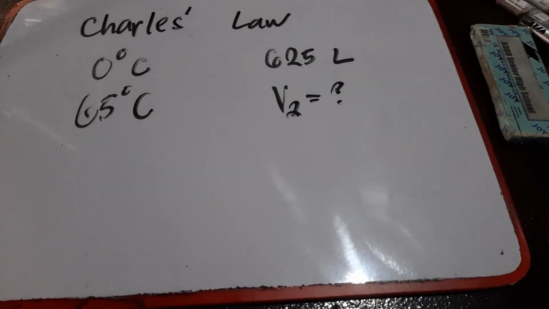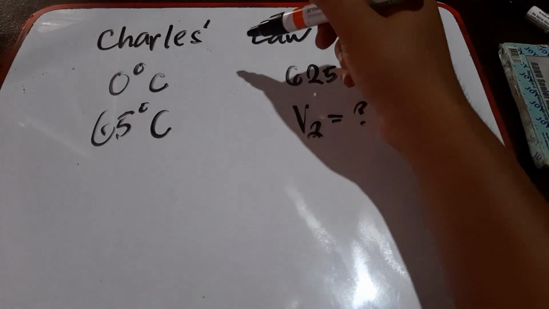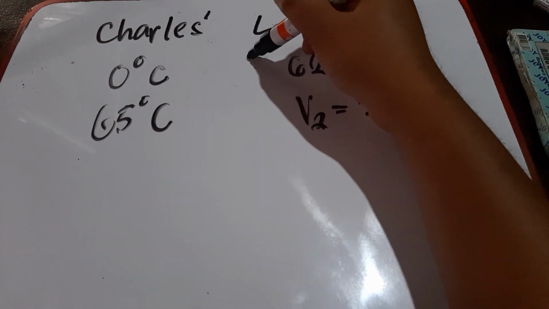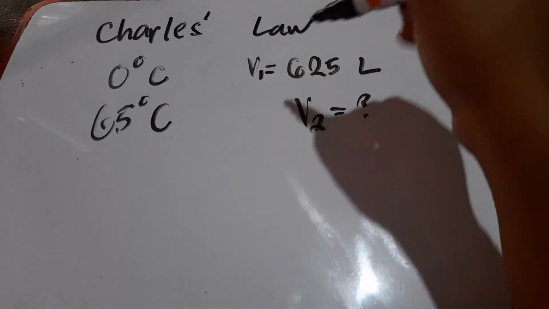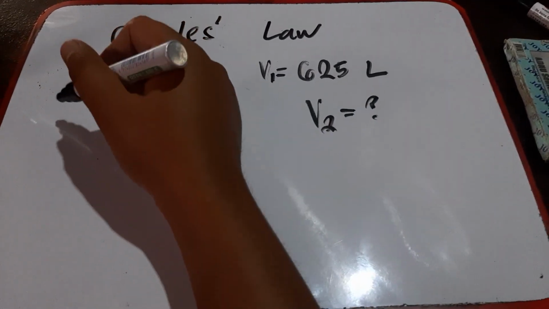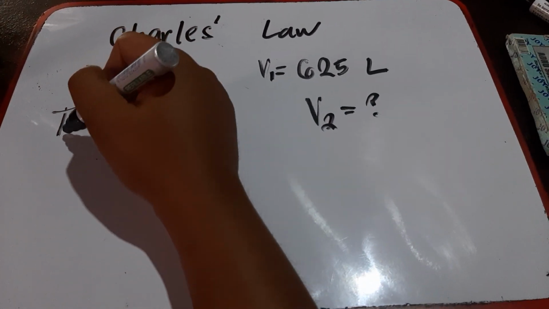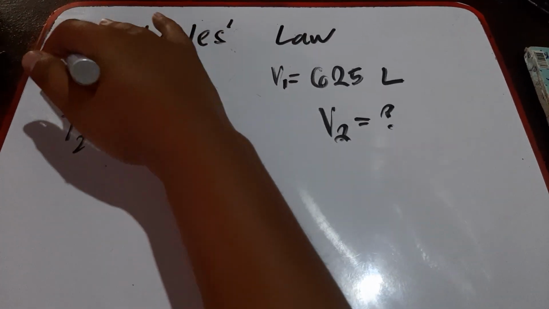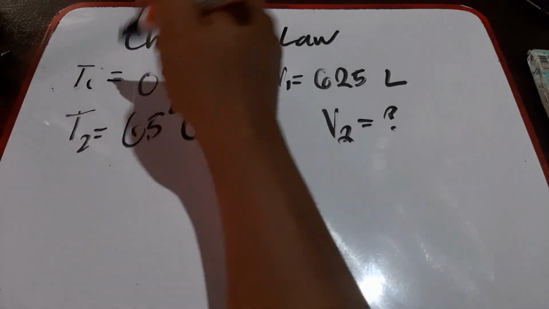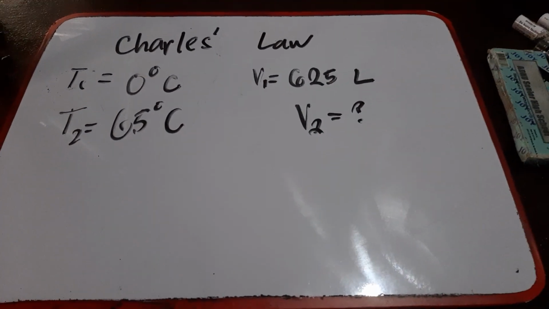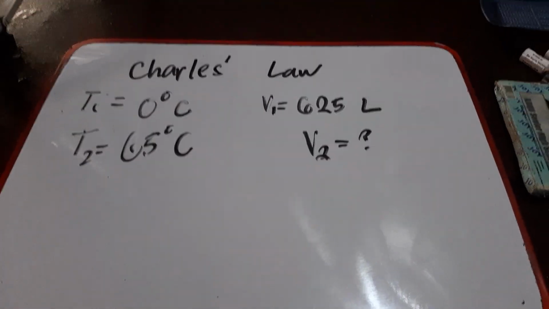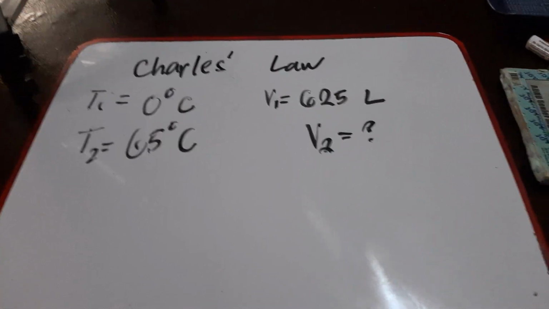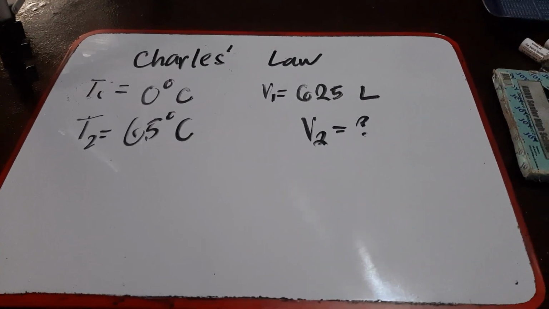So let's label first our values. Because we know what happens when there are no labels, right? V1, 625. Temperature, final is 65 degrees Celsius. And then initial temperature is 0 degrees Celsius. Now, there are quite a few things here before we move on to the actual equation and solution.